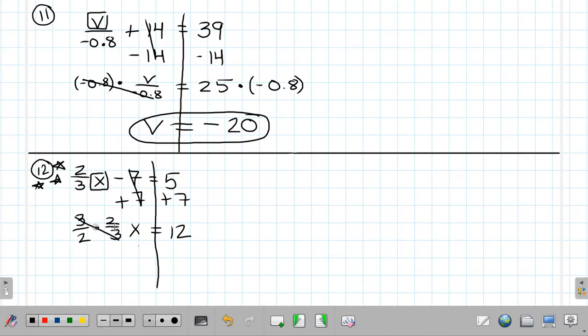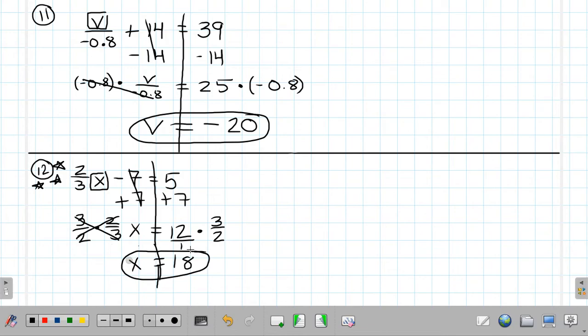These essentially cancel out to be 1, and we get 1x. So we have x is equal to, in this case, if we multiply times 3 halves on one side, got to do it to the other. 12 times 3 is 36, divided by 1 times 2 is 2. So 36 divided by 2. X in this case is 18.